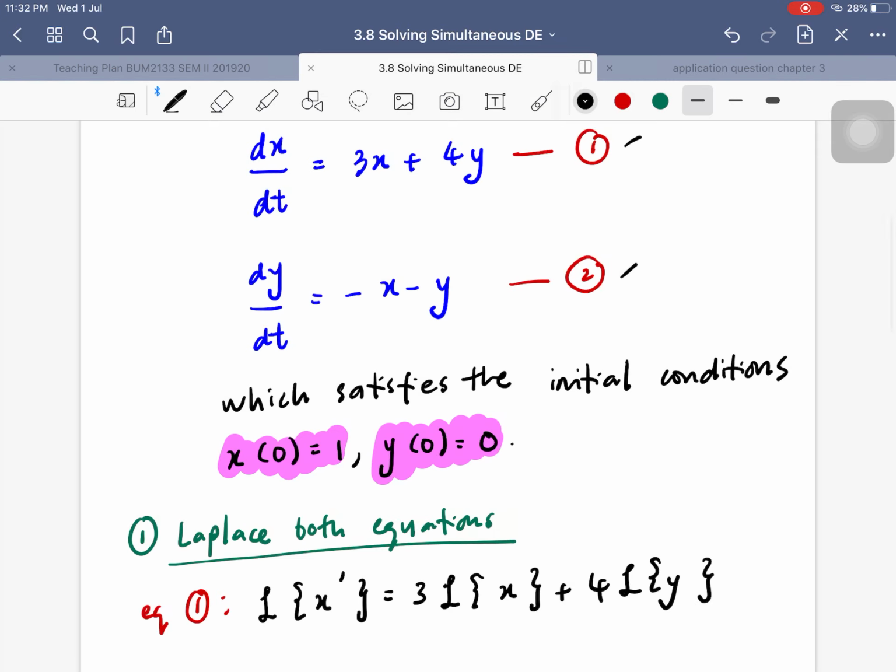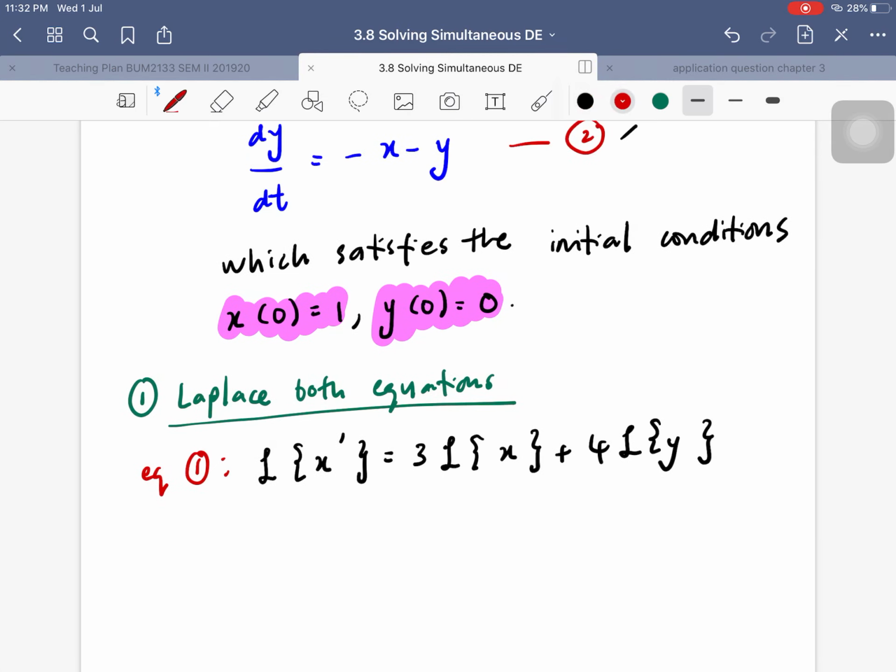Remember I told you before that this variable is not just x by itself, it's actually x of t, and this is actually y of t. Now we're going to Laplace the first order derivative x prime, and according to the formula you can refer to the appendix of the final exam, when we Laplace x prime, that is going to equal sX(s) minus x(0).